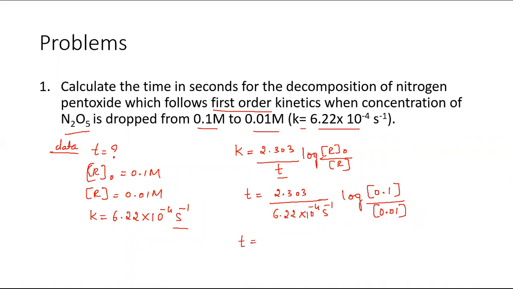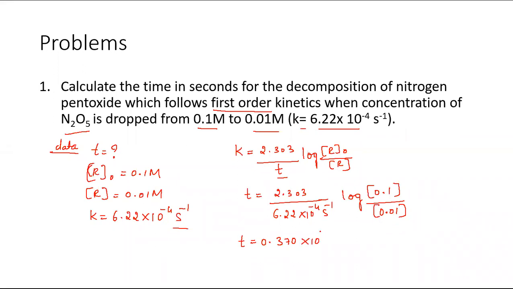T is equal to, so just divide this 2.303 by 6.22. That is 2.303 divided by 6.22, the value will be 0.370 into 10 to the power of minus 4.